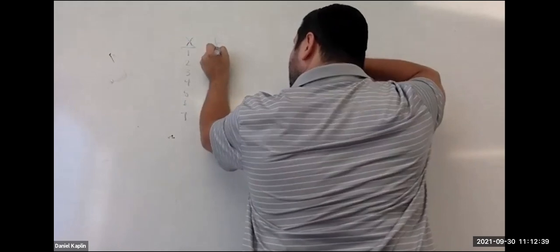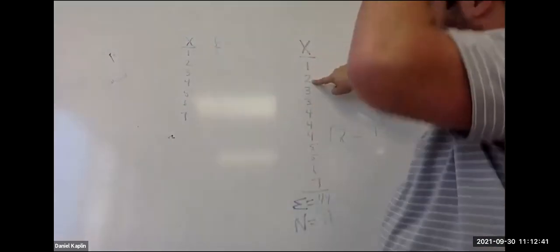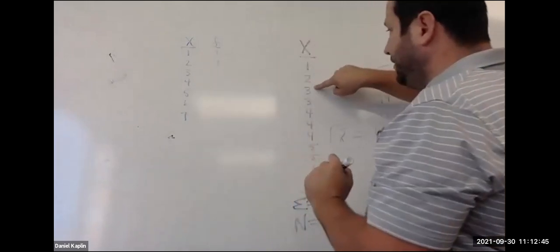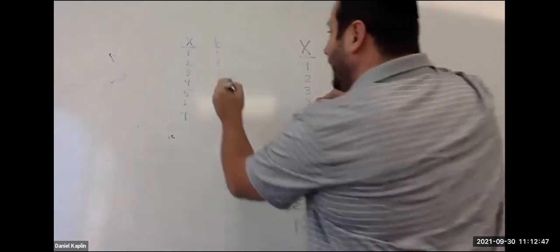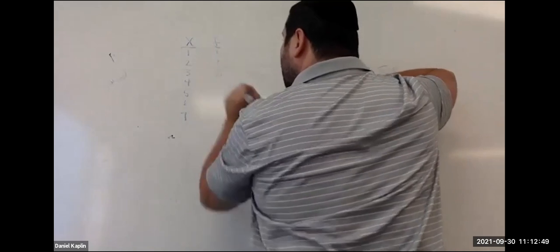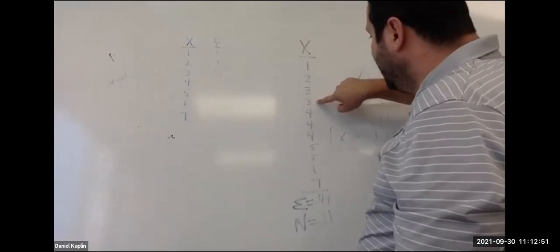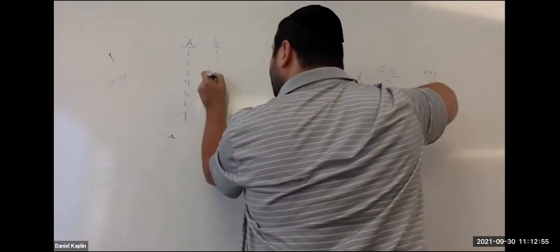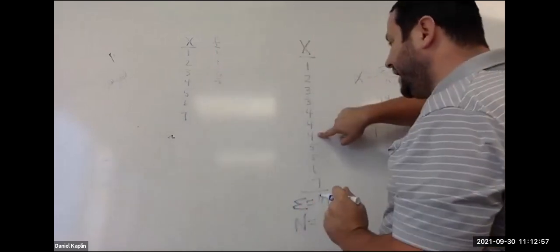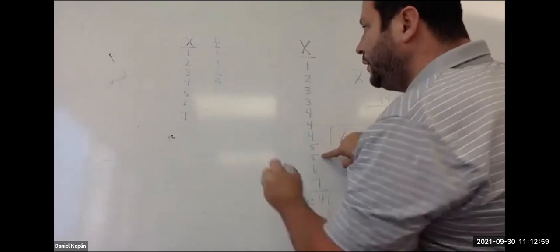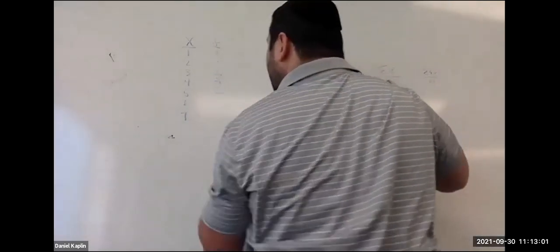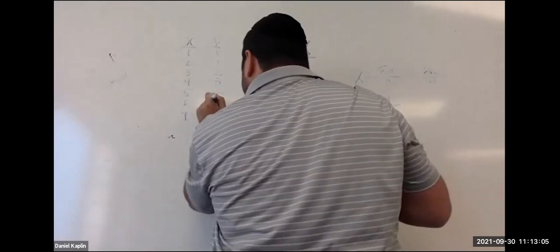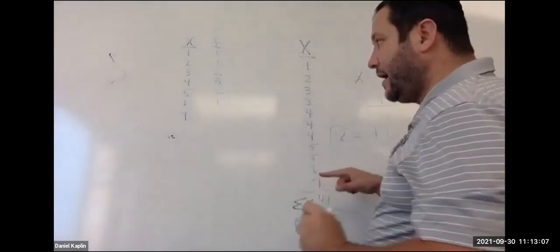How many times did 1 happen in the distribution? Once, right? How many times did 2 happen? Once. How many times did 3 happen? Twice. How many times did 4 happen? 1, 2, 3. 3 times. How many times did 5 happen? 1, 2. 2 times. How many times did 6 happen? Once. And how many times did 7 happen?